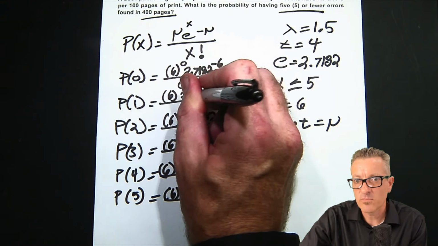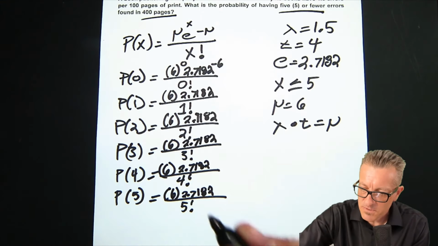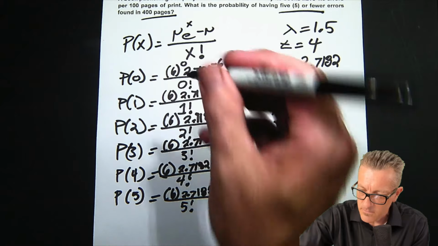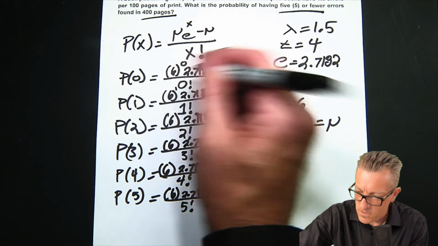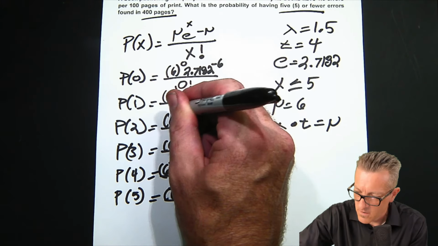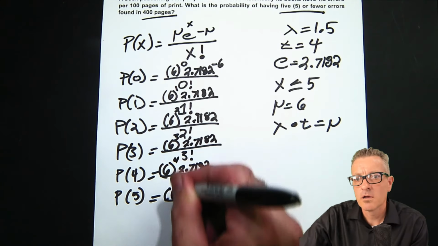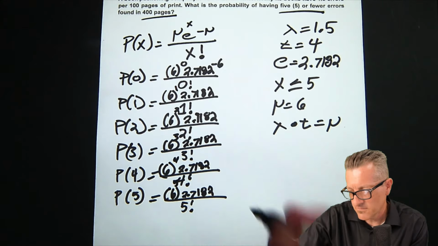I'm guessing you're getting the point here. The first one was 0, and then 1, 2, 3, 4, 5. And the negative exponent is 6.